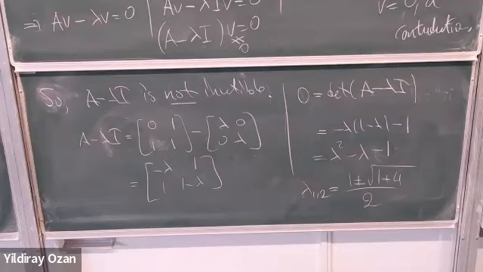In our case, these are the eigenvalues, and now I'm looking for eigenvectors. So let's start with this one. I want an eigenvector V1 so that A times V1 should be lambda 1 times V1, as I have done over there.